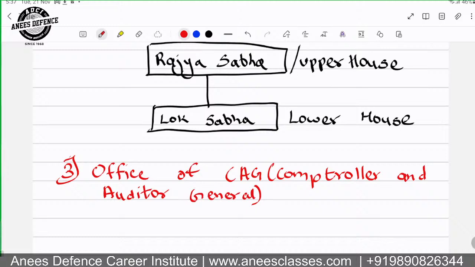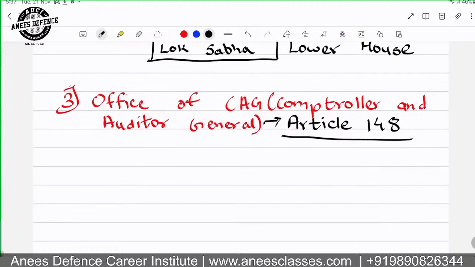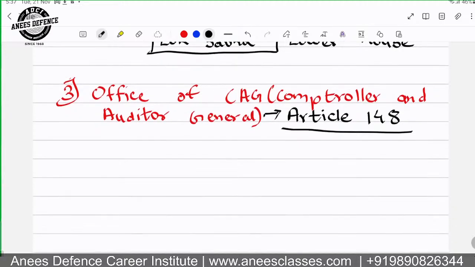Article 148 of the Constitution. Actually, CAG is the office which sees that the finances are not misused for any other purposes.